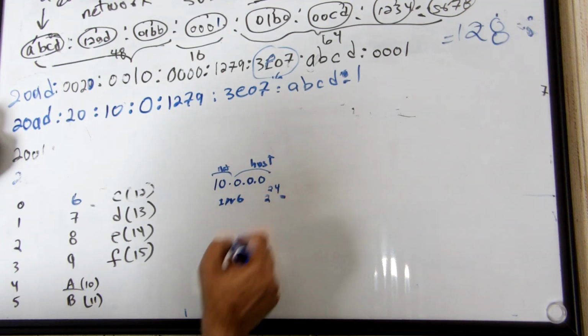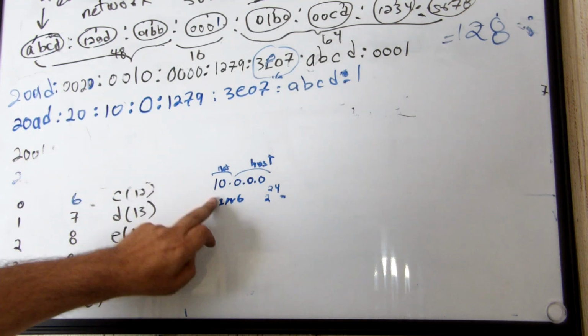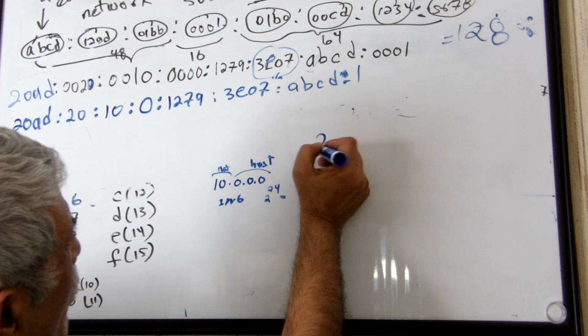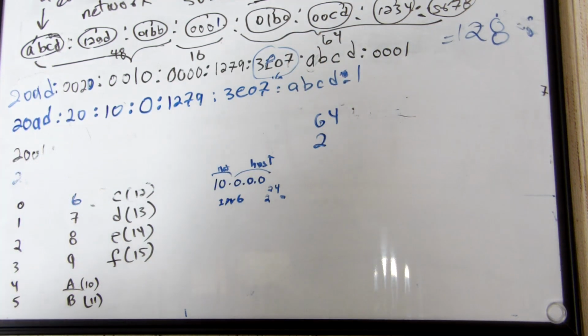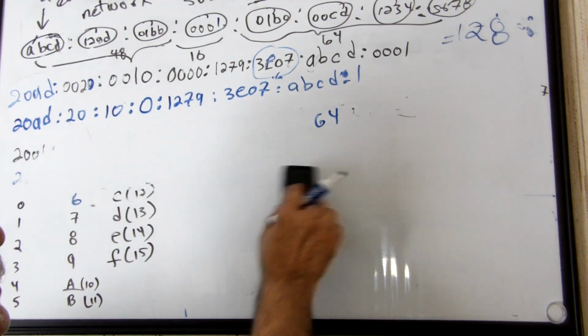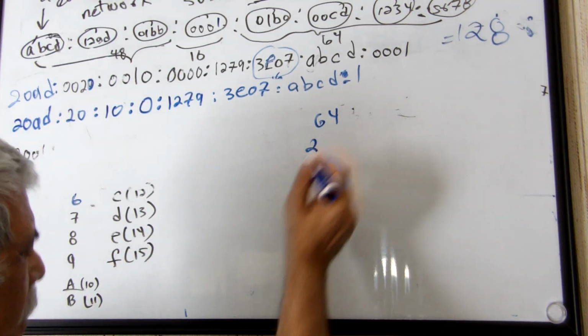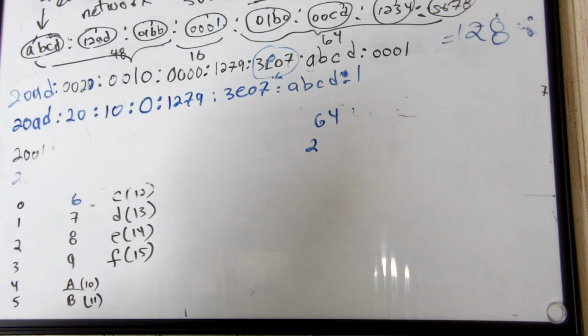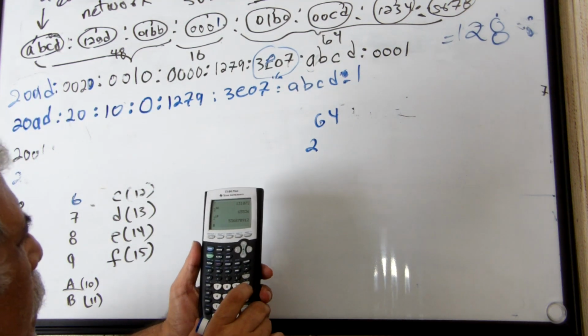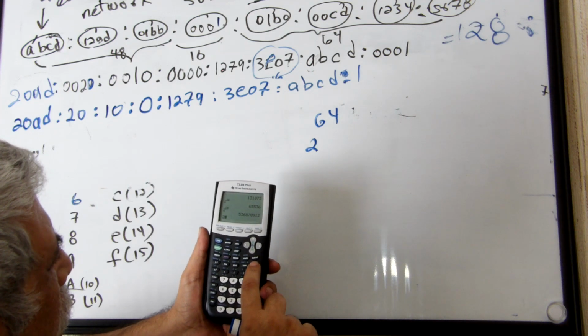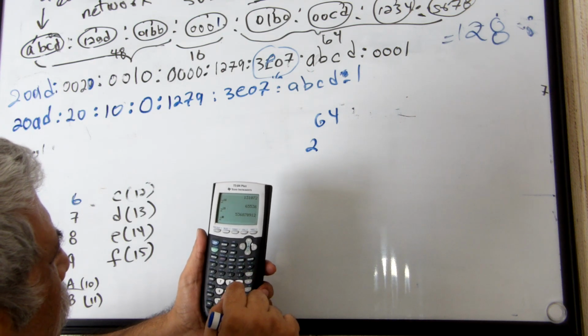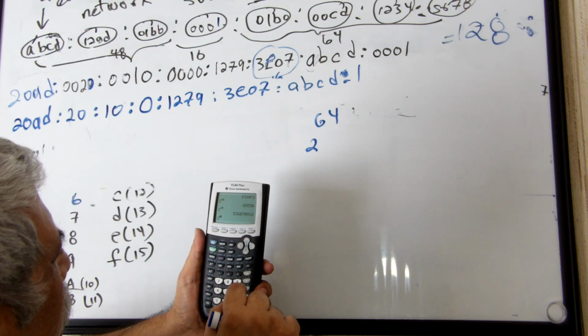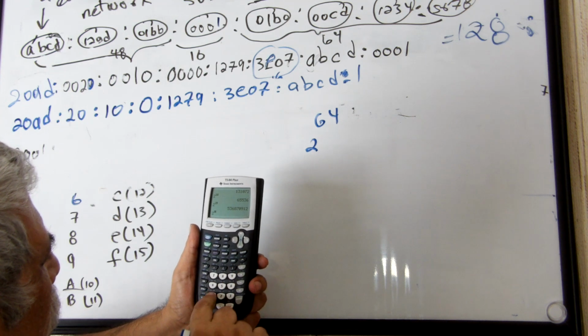We could use that many hosts here, the maximum, in this. But there, it's 2 to the power of 64. 2 to the power of 64, you are going to have that many host addresses. It's unbelievable. See here in the calculator, 2 to the power of 64.